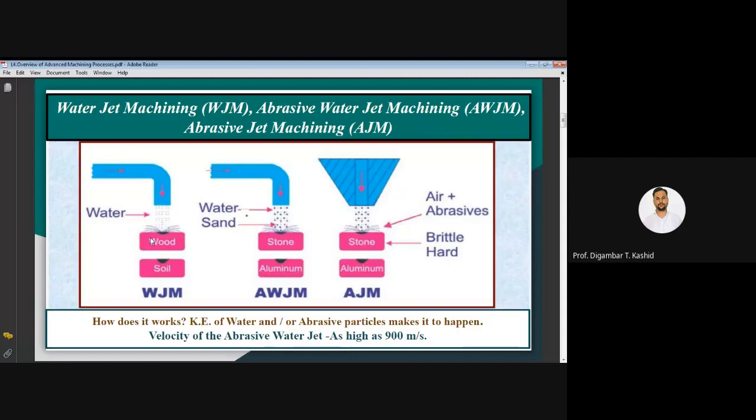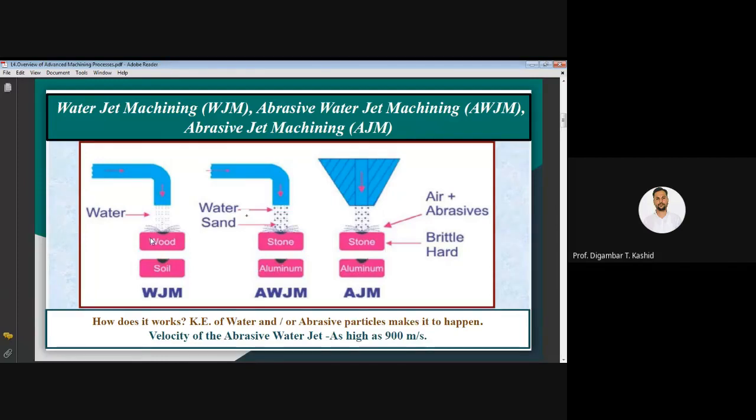Then whatever kinetic energy you get from the water jet, when it strikes your surface, some kinetic energy is lost due to that small layer of fiber. For example, when the surface is clean, you may get 900 meters per second velocity, but if there is another small layer of fiber in between the jet and the surface, then definitely there will be a loss of energy.